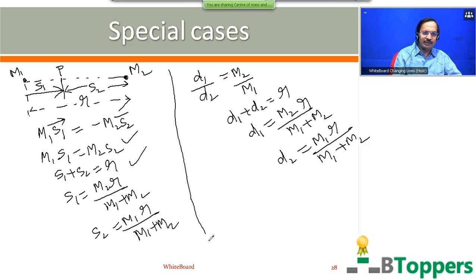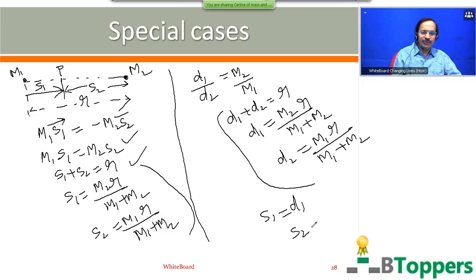Comparing the results I had discussed in the previous class and the results we got now, we can observe that S1 is the same as D1, and S2 is the same as D2. That means if two point masses M1 and M2 are initially at rest, separated by a certain distance R, such that no external force acts on the system, and if the two particles start moving towards each other only due to the mutual internal forces between them, then they collide at the position of the center of mass of the system.